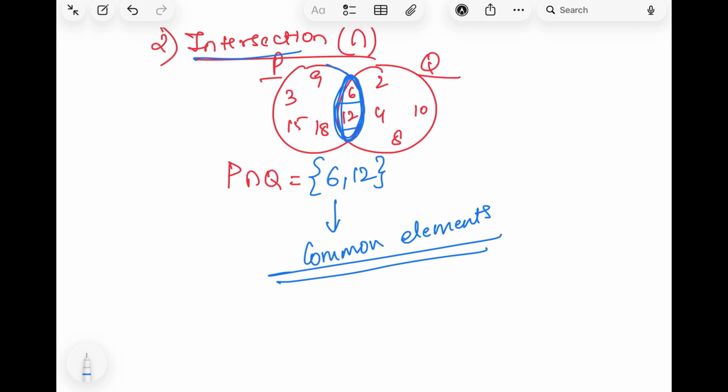If you want, I'll just give a quick recap of many things which we learned. First, we understood what is a set. This symbol we understood: this is belongs to. This is does not belong to. This is a null set. These two symbols are for null set. Then we have a subset.